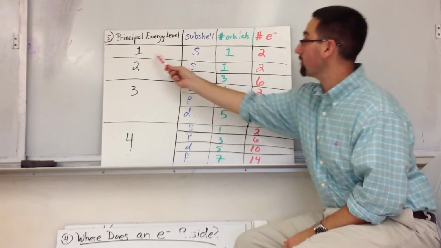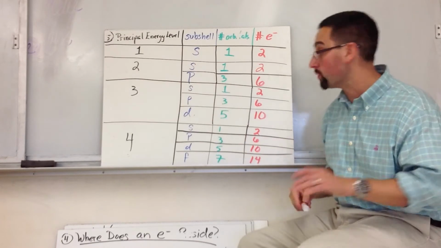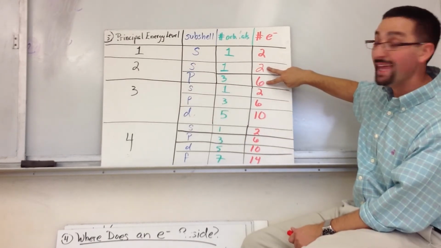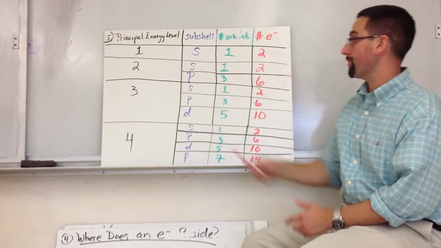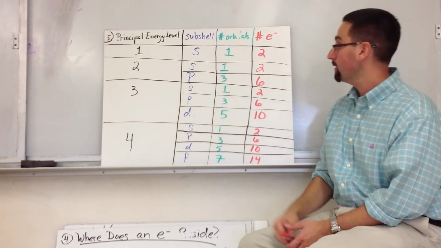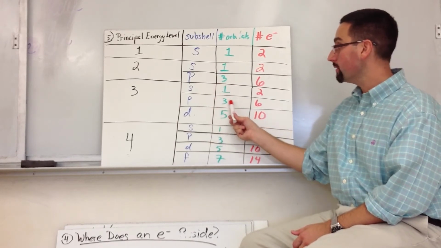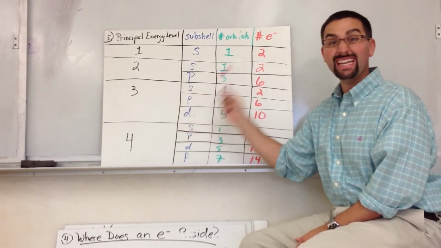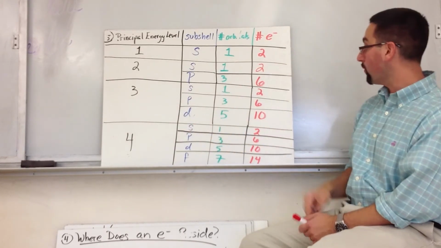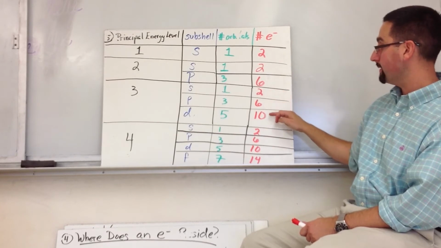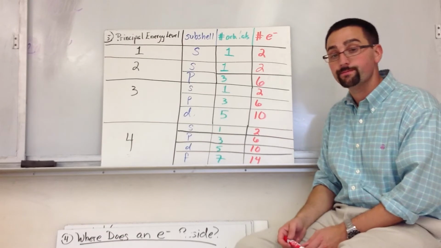So our first shell can hold 2 electrons, and our second shell can hold a total of 8 electrons. Our third shell has 1 3s subshell, 3 3p subshells, and 5 3d subshells, for a total of 18 electrons that can fit in the third shell.